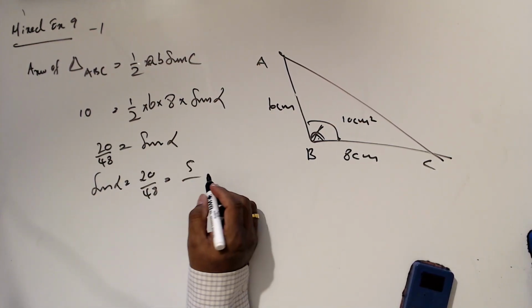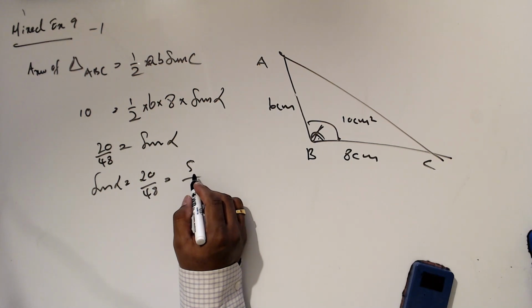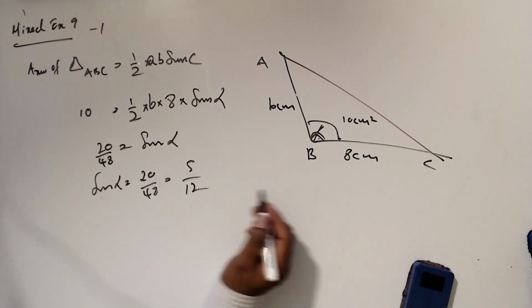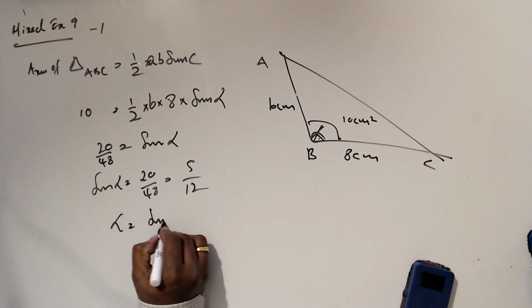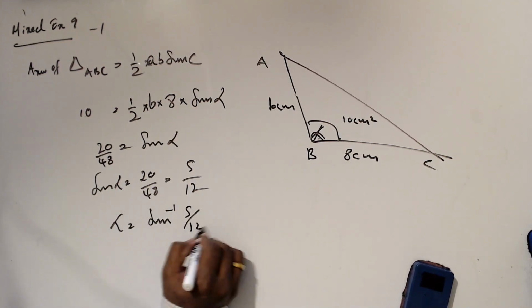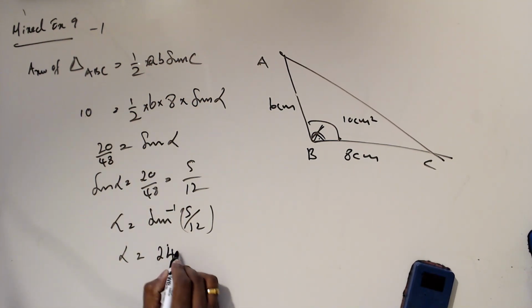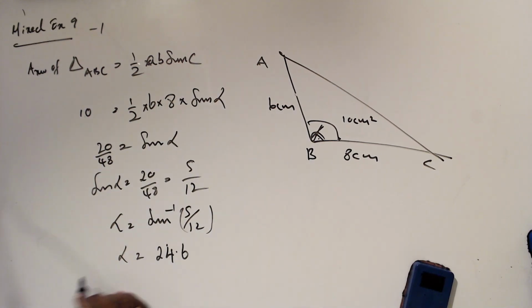It means 5 over 12. Alpha equal sine inverse 5 over 12. Alpha, you'll get answer as 24.6. So this is for alpha acute.